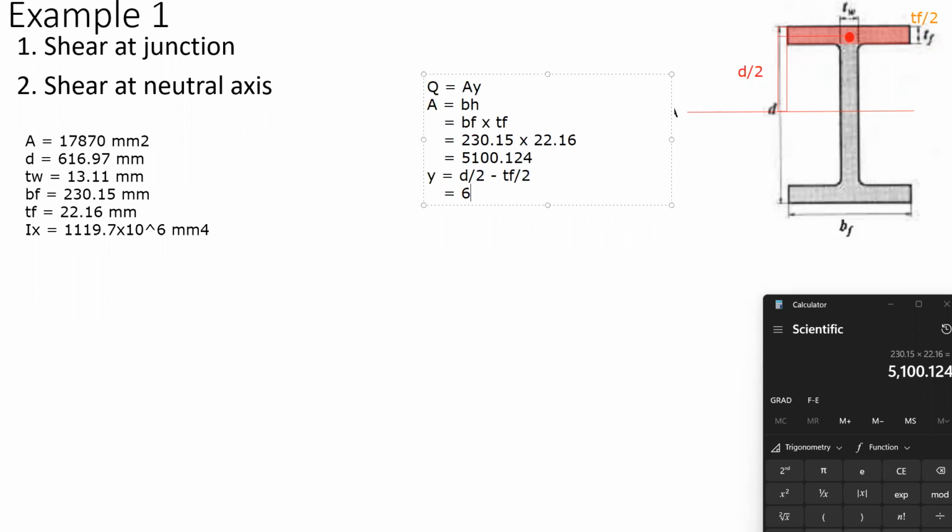The value of D is given. This is 616.97 divided by 2, minus TF over 2, which would be 22.16 divided by 2.